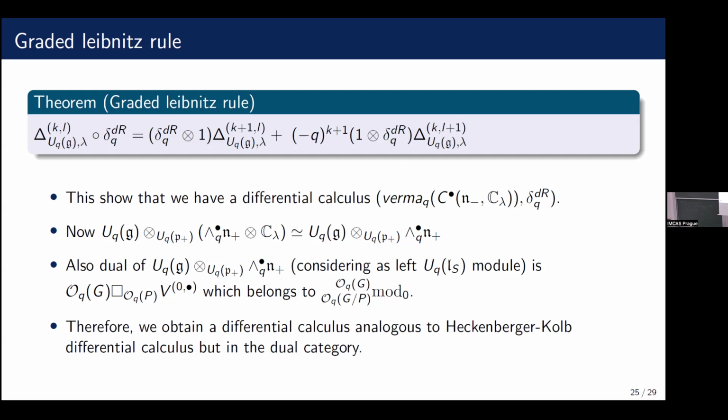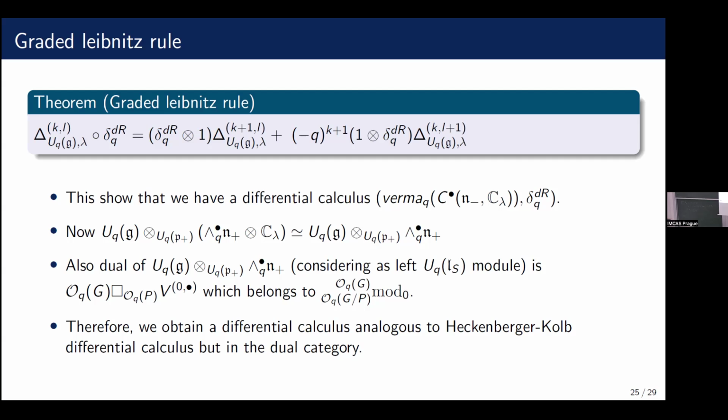The dual of this object is the object we use in the Heckenberger calculus. So we have a differential co-calculus in the dual picture, which is basically the dual picture of the Heckenberger calculus.